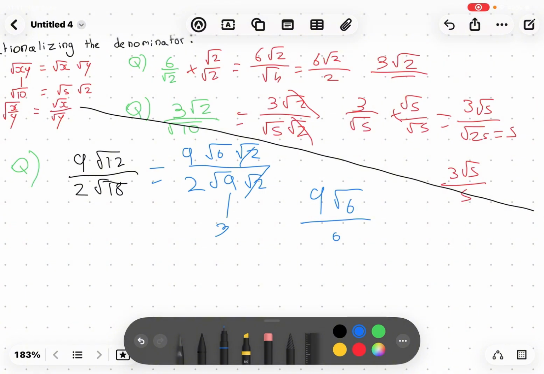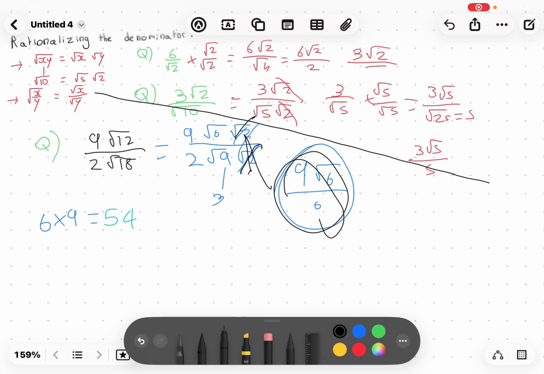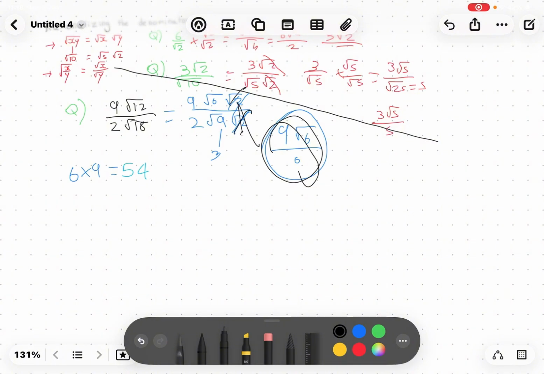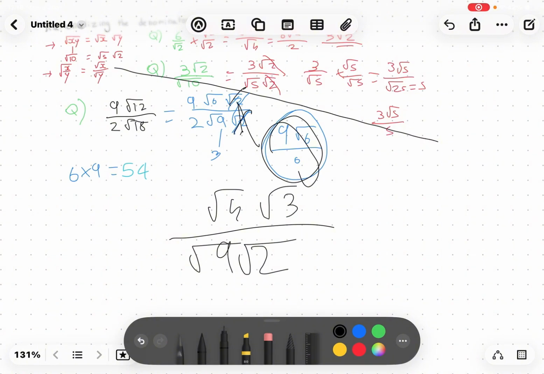I mean, if you think about it, instead of doing, oh wait, could you do that? Okay, for some reason this method is not working, so we're just gonna do the method that I was looking at in the video. Basically, the woman made 12 into square root of 4 and square root of 3, and then she did the same with 18, and after that this is equal to 2, so she multiplied it by 9.